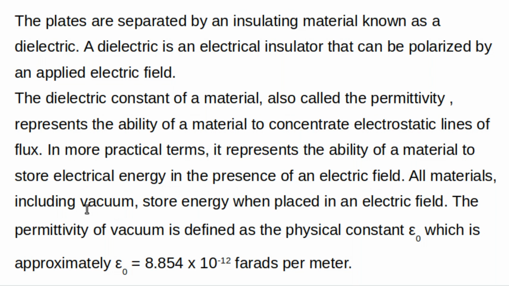All materials, including vacuum, store energy when placed in an electric field. The permittivity of vacuum is defined as the constant epsilon 0, which has a value equal to 8.854 times 10 raised to minus 12 farads per meter.